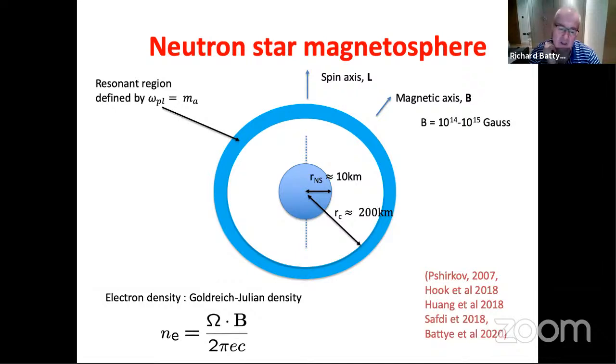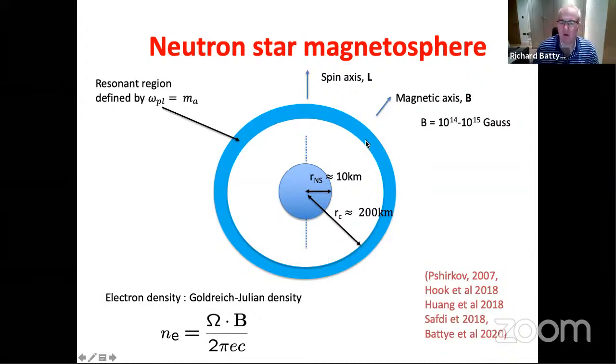And in such large magnetic fields, you can potentially have sufficient transforming of axions into photons that we can potentially detect it. So the picture is that here's the neutron star in the middle, and there is some critical radius around it in the magnetosphere of the neutron star, where the plasma frequency is equal to the axion mass.